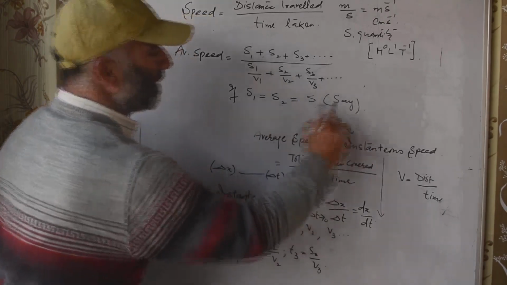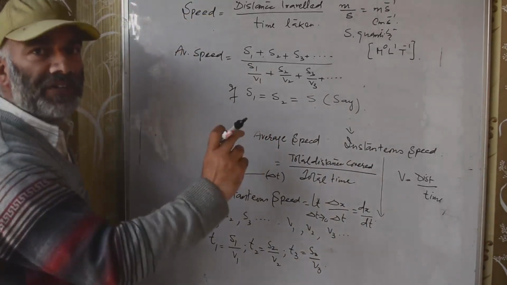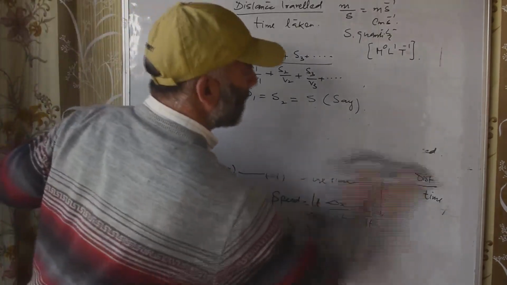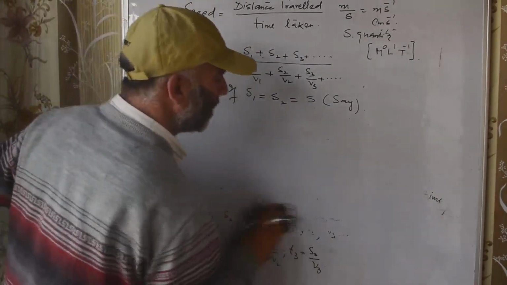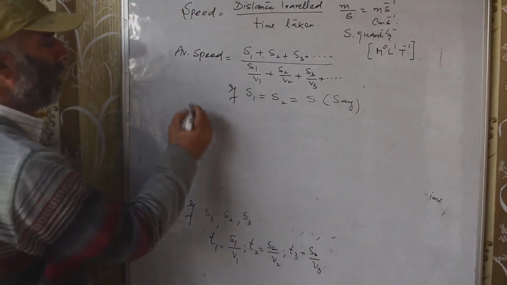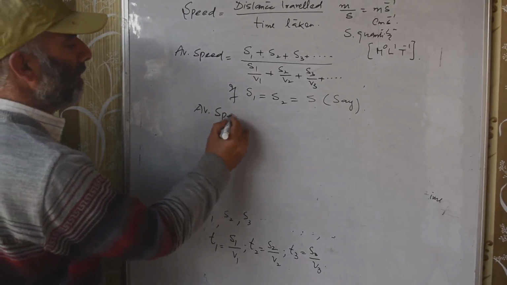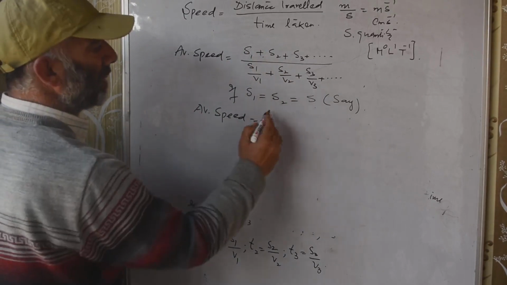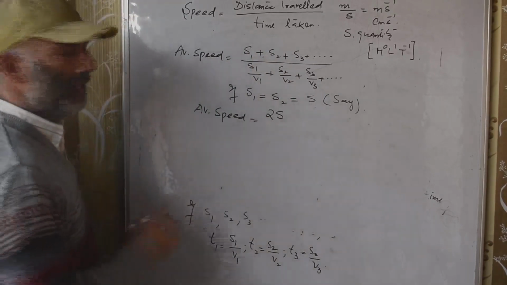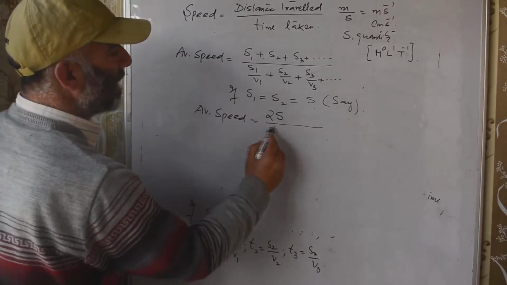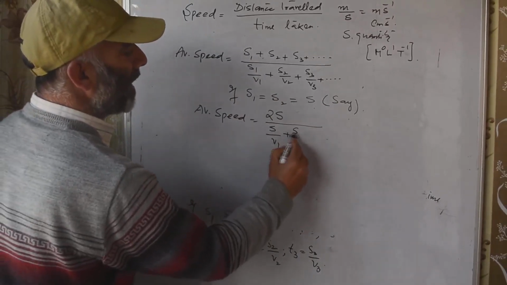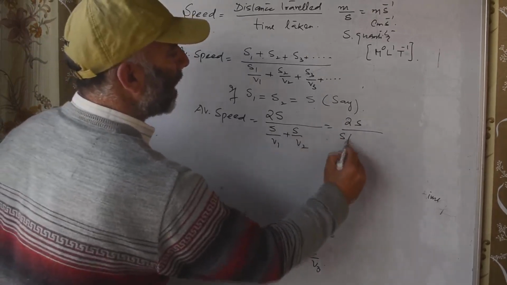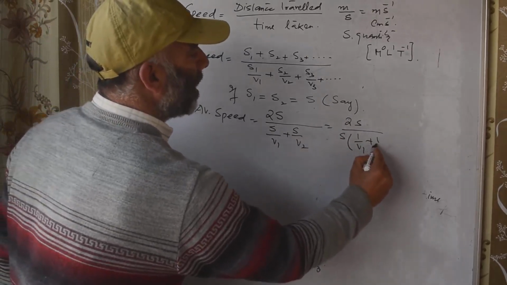Try to remember this special case. Under those conditions, the average speed will be equal to 2S divided by S by V1 plus S by V2, and taking S common, that is 2 divided by 1 by V1 plus 1 by V2.